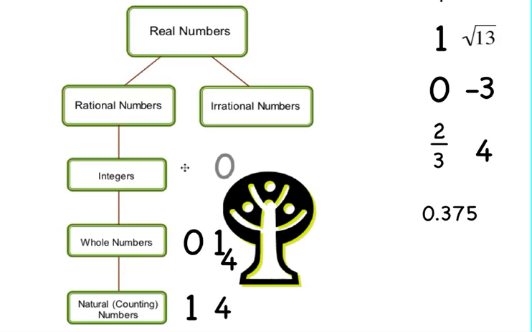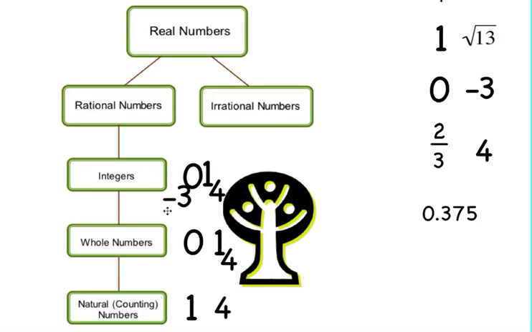So 0 is an integer because it is a whole number, and so are 1 and 4, but also -3. -3 is also an integer because it is a negative whole number.